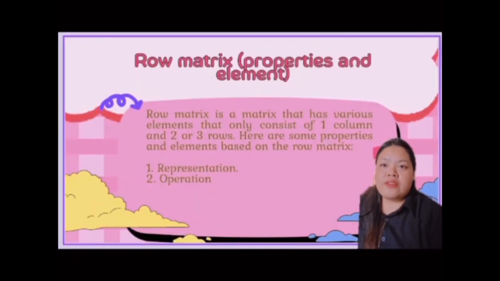Next, row matrix, its properties and elements. A row matrix is a matrix that has various elements that only consist of one column and 2 or 3 rows. Here are some properties and elements based on the row matrix: number 1, representation, and 2, operation.